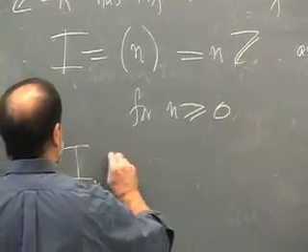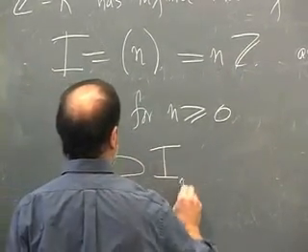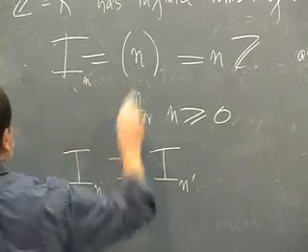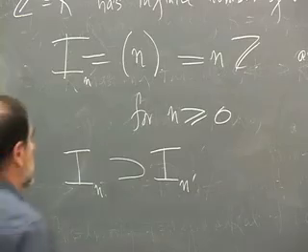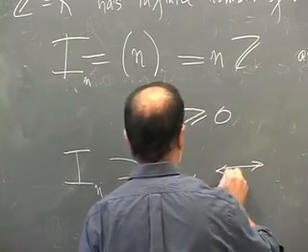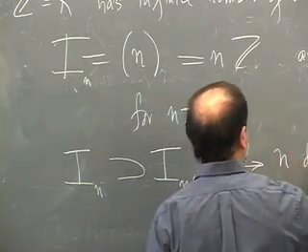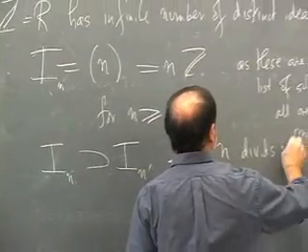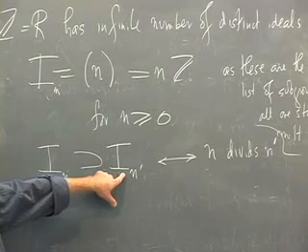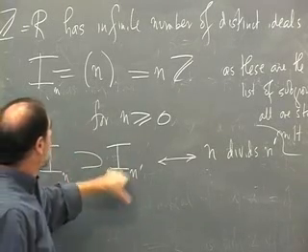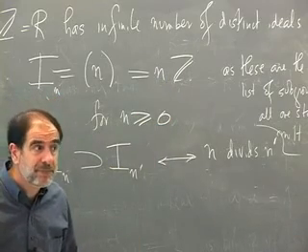And they're distinct because I've assumed the generator is greater than or equal to 0, and you find that I sub n contains I sub n prime, maybe we should call this I sub n, generated by this positive n, if and only if n divides n prime. Because a particular element in this ideal is n prime, and that'll be contained in I sub n if n prime is a multiple of n.